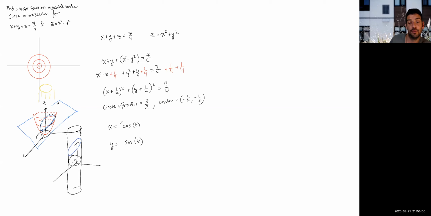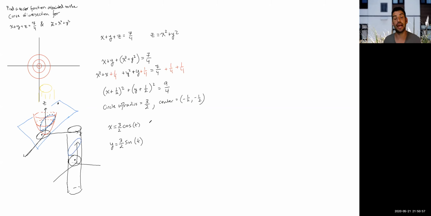So I need to stretch that circle out so I can increase the radius to 3/2. And then I need to move all of my coordinates, right? If my original circle is centered at the origin, here's a circle. I want its new center to be over there.